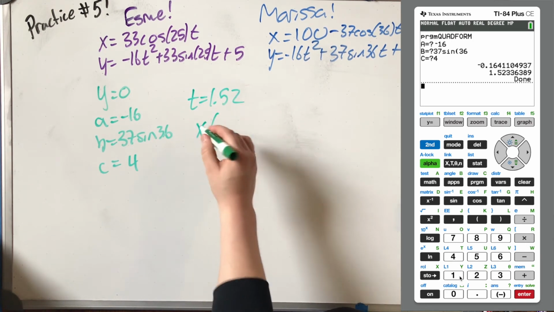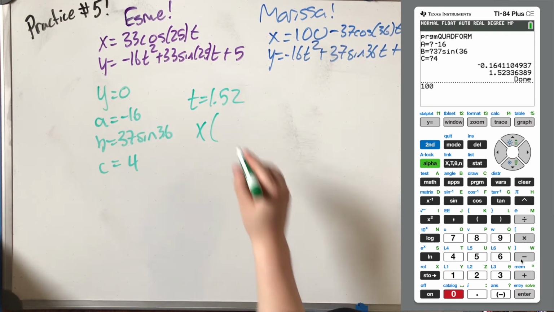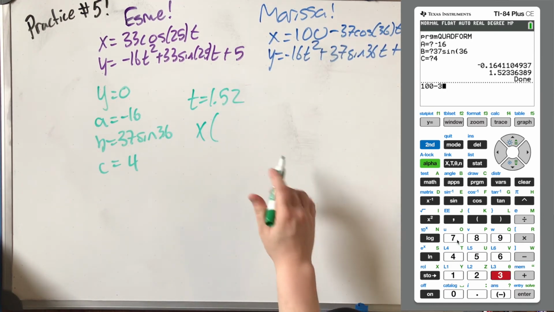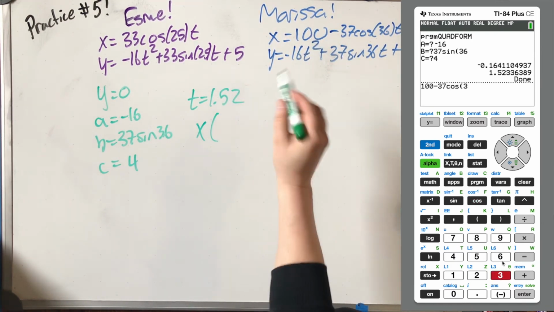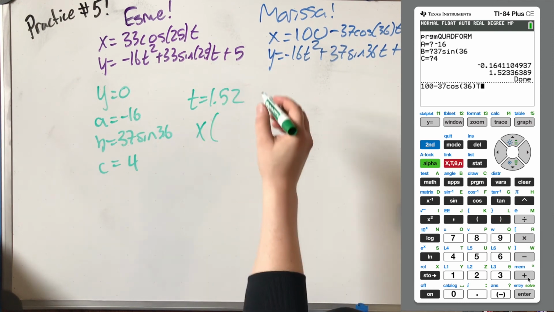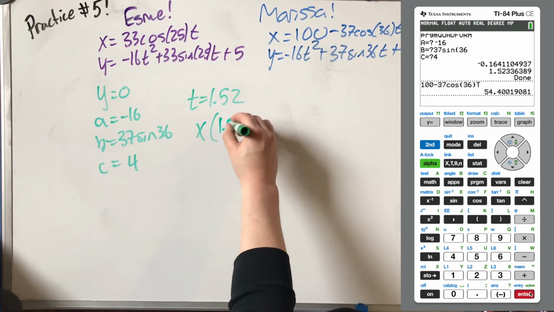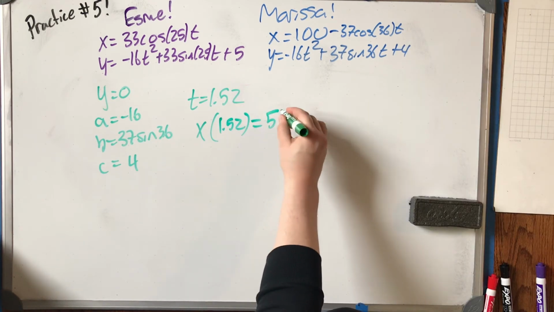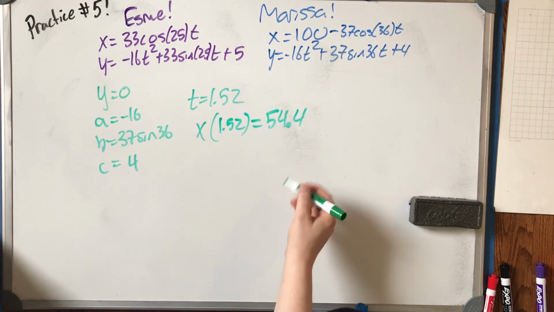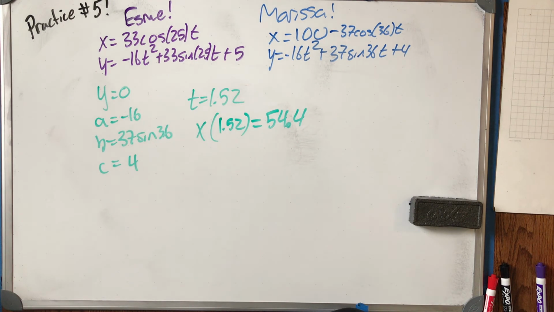And I'm going to plug this into the x equation, and I'm not actually going to modify it like we have been. I'm going to plug it into this exact one because I want to see if this x equation actually equals 0, then that's where Esme is. So I'm going to do that, and I get 54.4. So no, Marissa's Frisbee didn't reach Esme because Esme is chilling at x equals 0, and this Frisbee landed at 54.4.